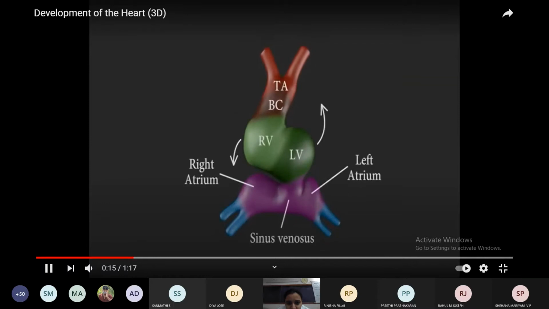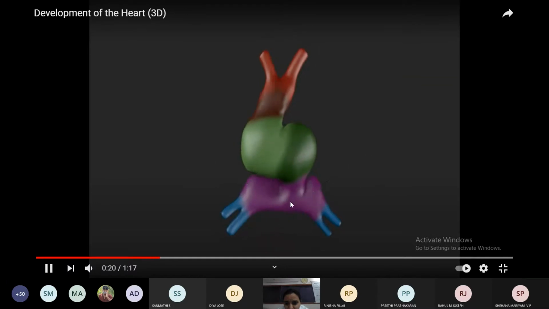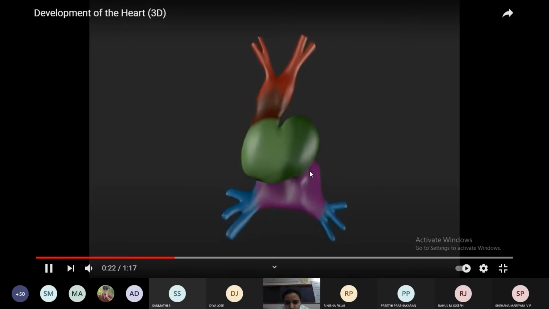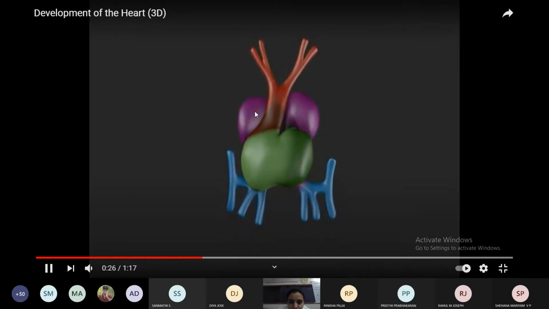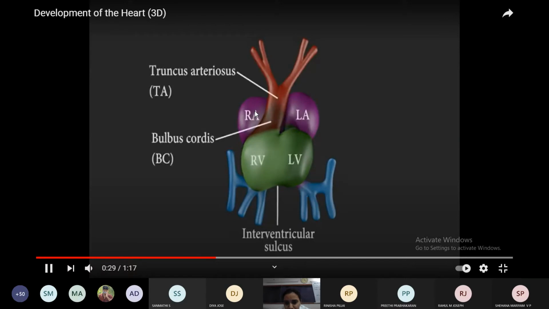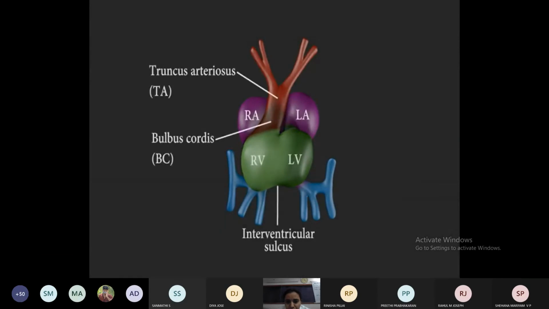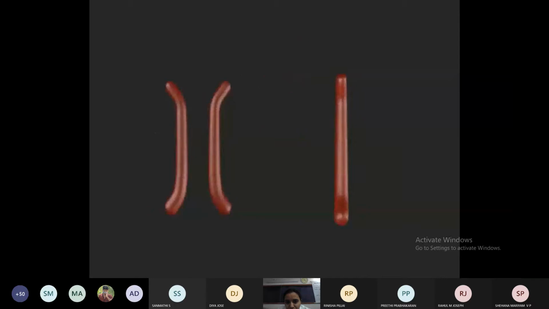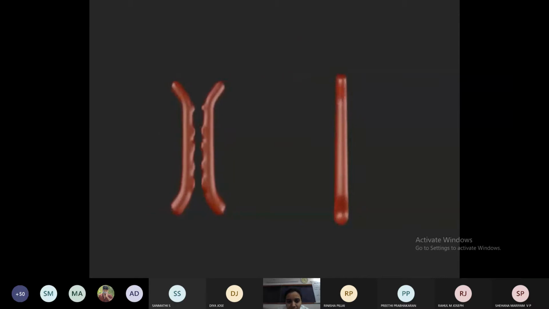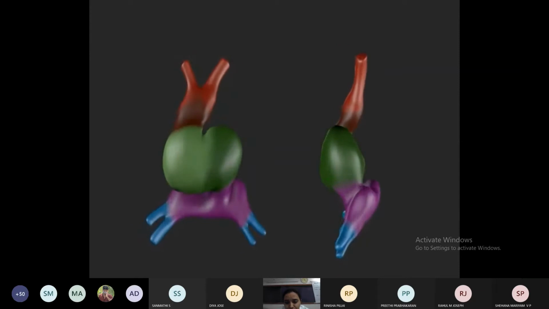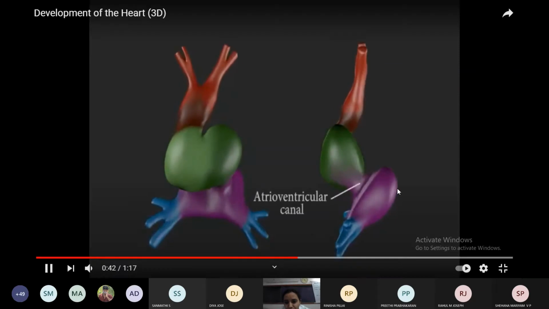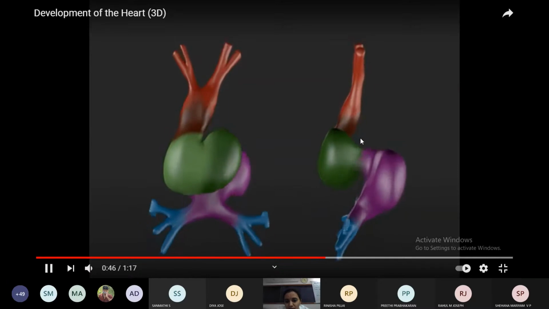the 5 dilatations, bulboventricular loop, primitive atrium, sinus venosus. The sinus venosus goes behind and upwards above the bulboventricular loop, and the final position of the different chambers. Goes backwards, then grows more upwards.